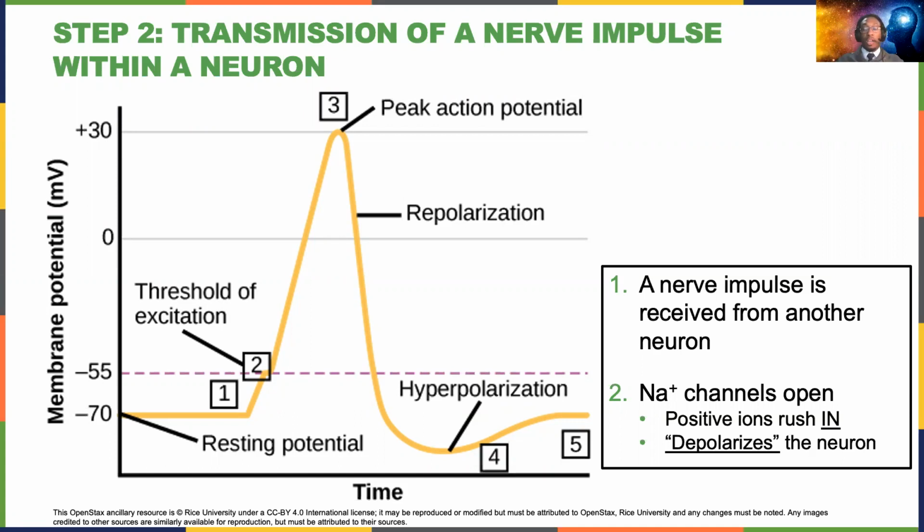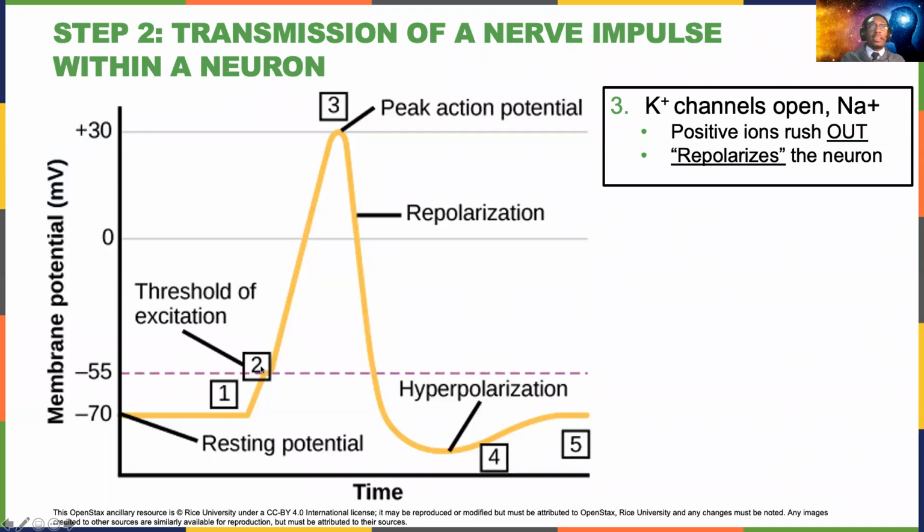So the influx of positive ions means that the inside of the cell becomes less negative or more positive. So it goes from a level of -70 millivolts up to about -55 millivolts. And if it reaches that threshold, then an action potential is started.